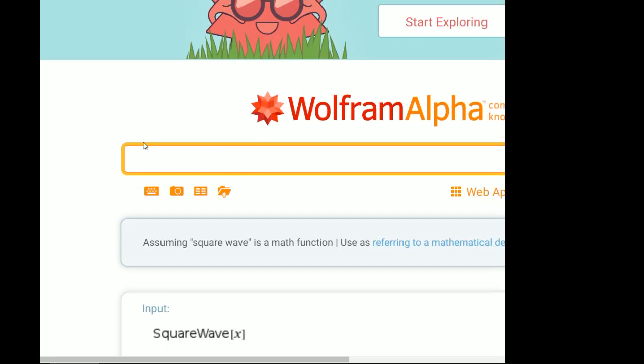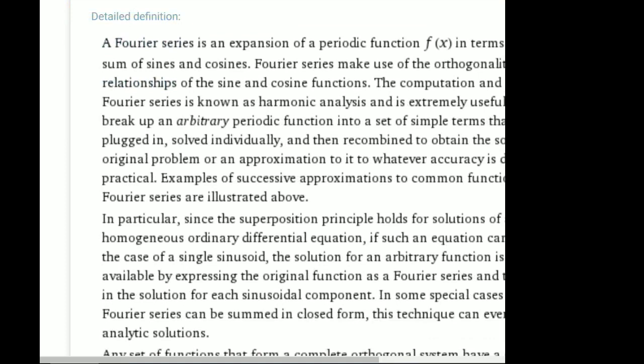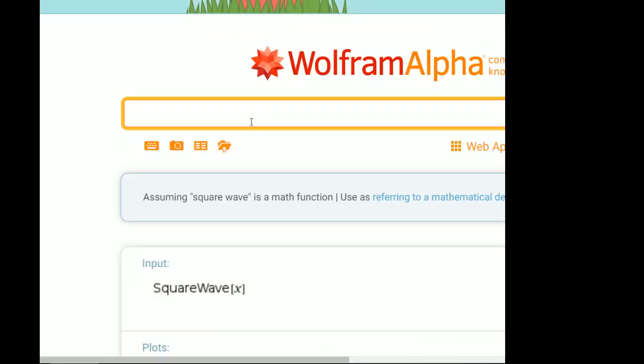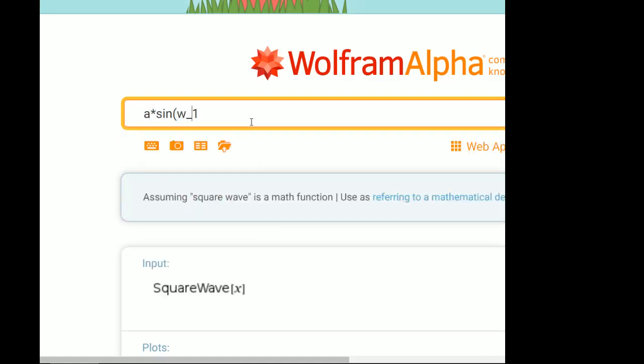Okay, so I can't really explain it correctly, but basically you have a signal that is a sum of A1 times sin(omega 1 times t plus phi 1) plus A2 times sin(omega 2 times t plus phi 2) plus A3 times sin(omega 3 times t plus phi 3), and so on.